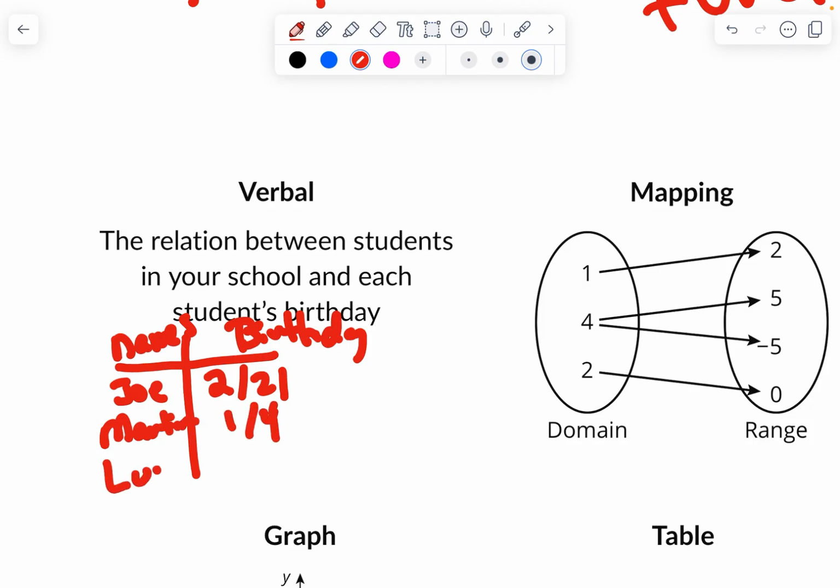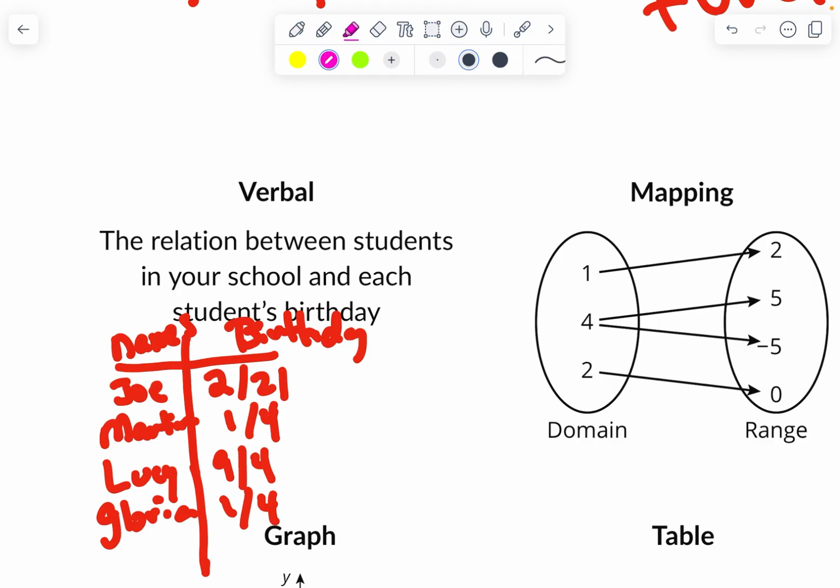And then I had Lucy, and her birthday was September the 4th, okay? And then I have Gloria, and Gloria was 1/4.